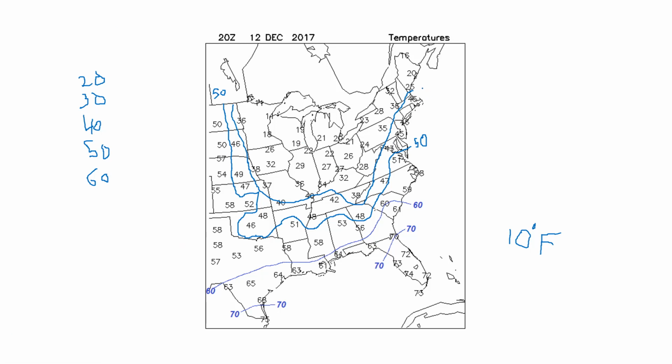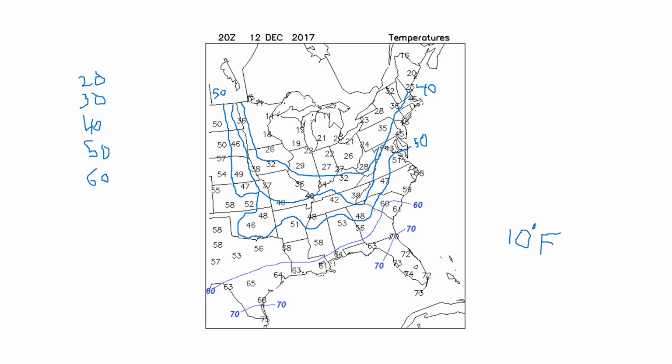Let me mark that here. So there's the 40-degree isotherm, and up there as well. Now let's see here, between 30 and 11, there's going to be a 30-degree isotherm and a 20, but let's just focus on the 30 right now. So now we're dividing 30s from 20s, and basically you just do the same approach.